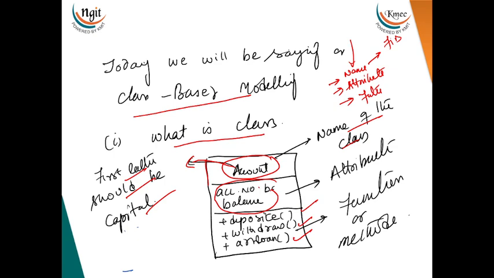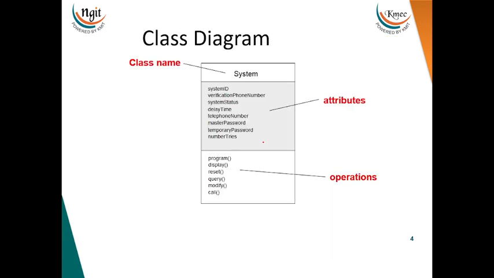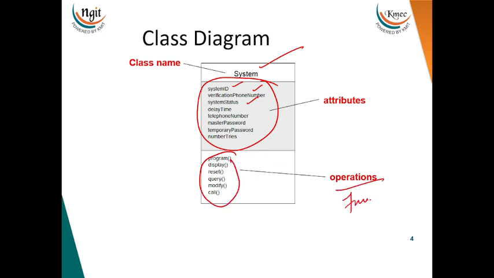Whereas in DBMS it is just the name and its attributes, here it has the name, attributes, as well as functions. What type of function is going to happen? So I just told you the name, and these are the attributes, for example system ID verification, and these are its functions, or operations. This is the basic building block of a class.